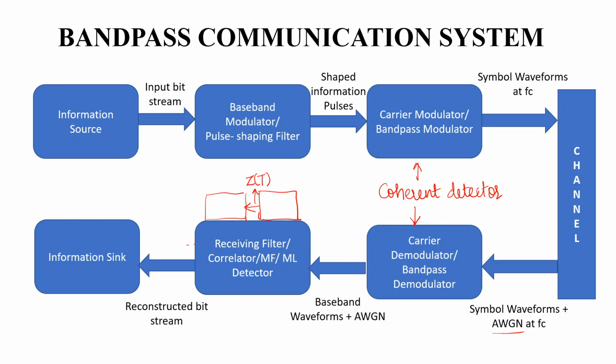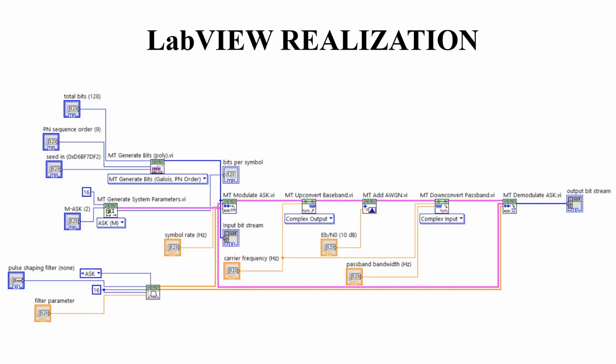When we compare this and this, we find whether the information is correct or not. This is the procedure that we follow even in the LabVIEW construction part. I hope this has given you a better idea about the bandpass modulation technique.